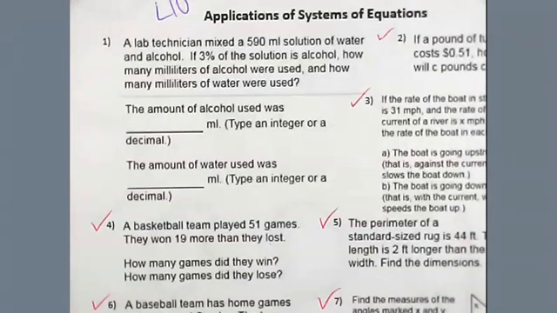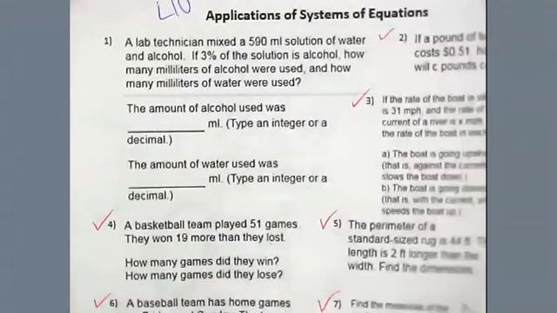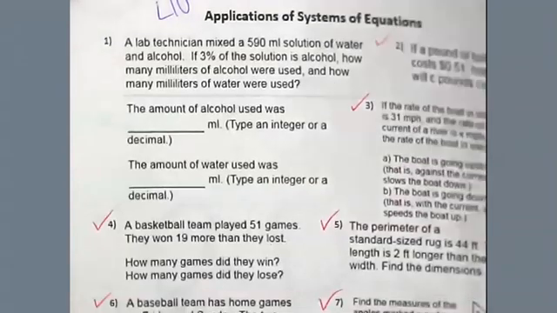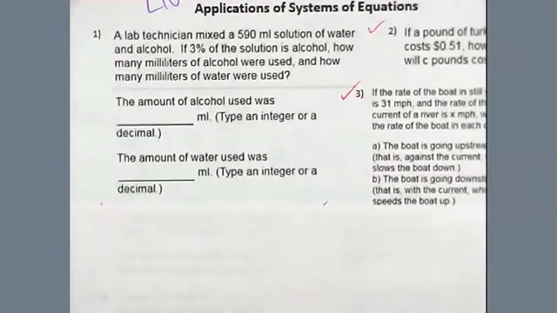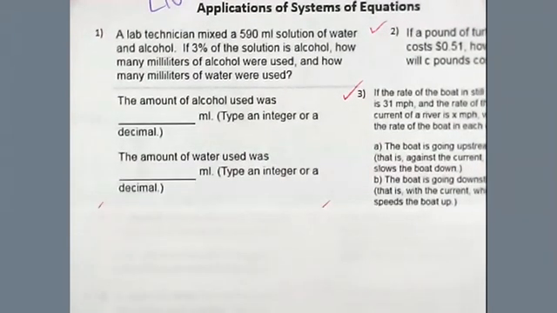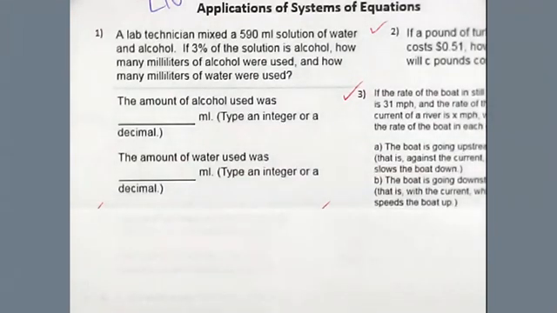Let's start with question 1. A lab technician mixed a 590 milliliter solution of water and alcohol. If 3% of the solution is alcohol, how many milliliters of alcohol were used and how many milliliters of water were used?